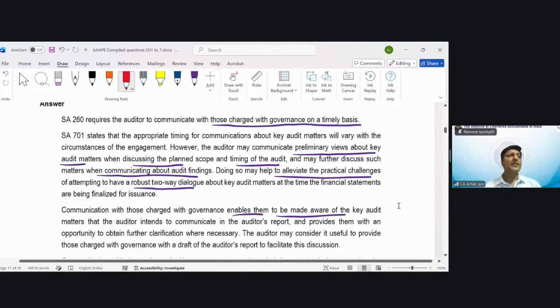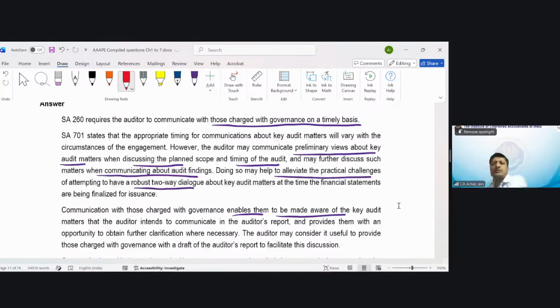Now over here, basically we are talking about communication with TC. Yes or no? That's a matter of discussion, no doubt, with TC. And such a communication has some criteria, parameters. Only then will we say such a communication or a discussion is meaningful.